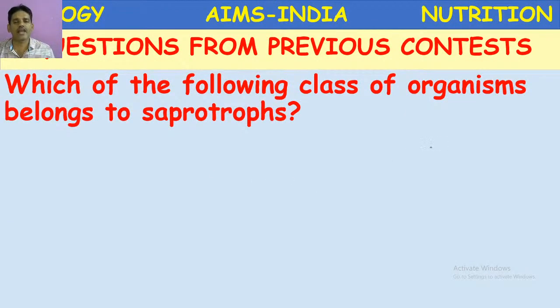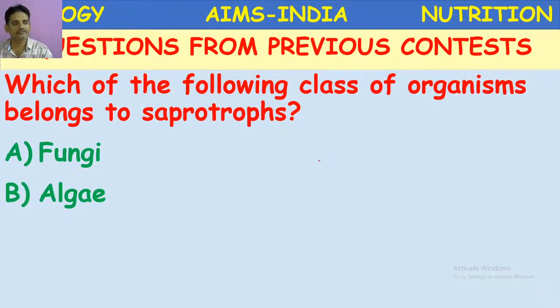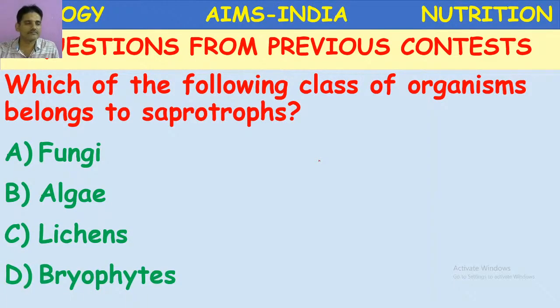Which of the following class of organisms belongs to saprotroph? Fungi, algae, lichens, bryophytes. Here also two options are closely related: one is fungi and the second one is lichens. As soon as you read the question, immediately select the closely related options.